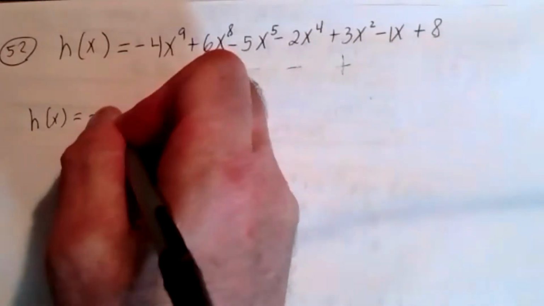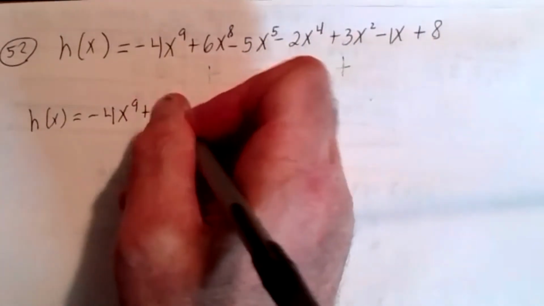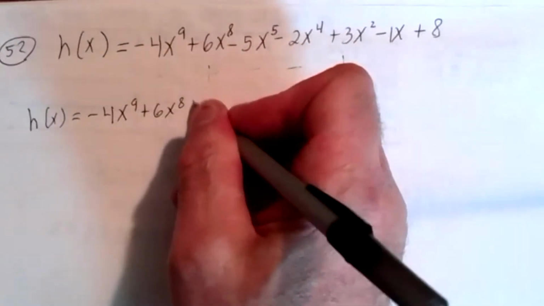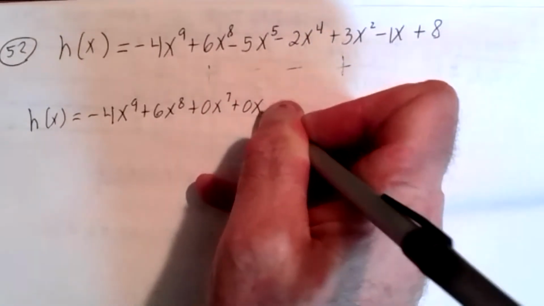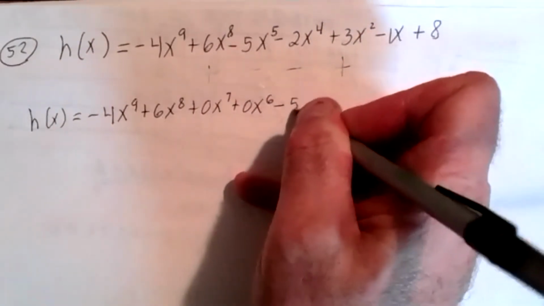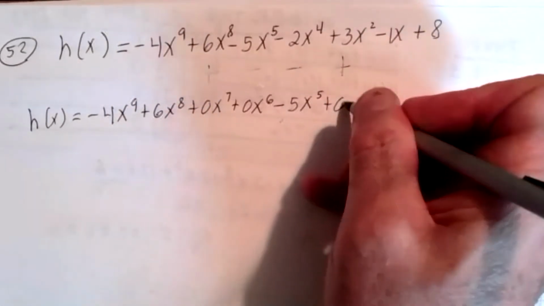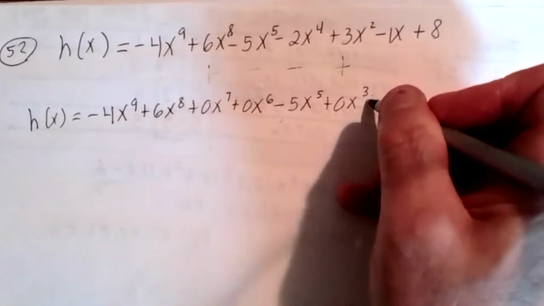We have a 9th degree term here, and then we go from a 9th degree term down to an 8th degree term. That's cool. Then we go from an 8th degree term down to a 5th degree term. Oh boy, we're missing a 7th degree term. We're missing a 6th degree term. Now we go down to our 5th degree term. We're missing a 3rd degree term, another placeholder.